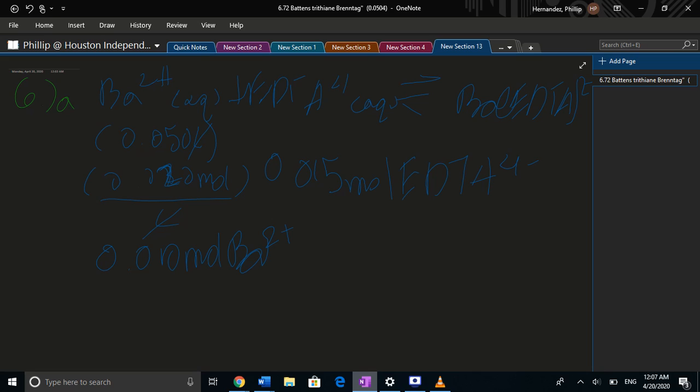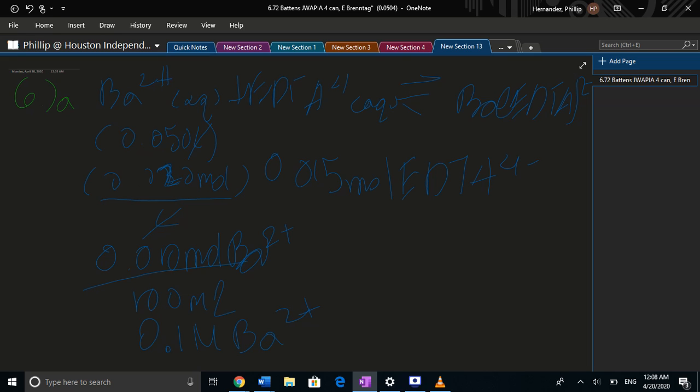100 milliliters divided by 1,000 is 0.1. So 0.010 divided by 0.1 gives us a molarity of 0.1 molar of Ba2+.